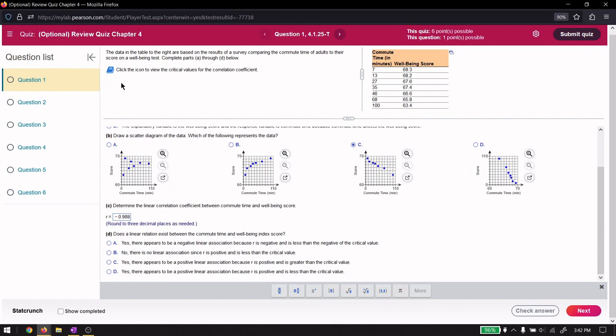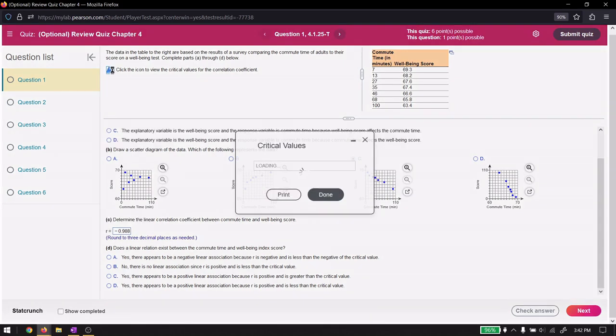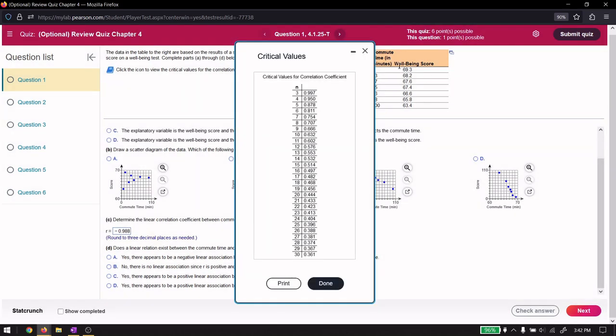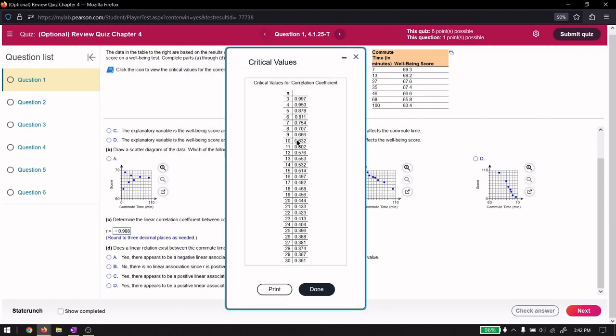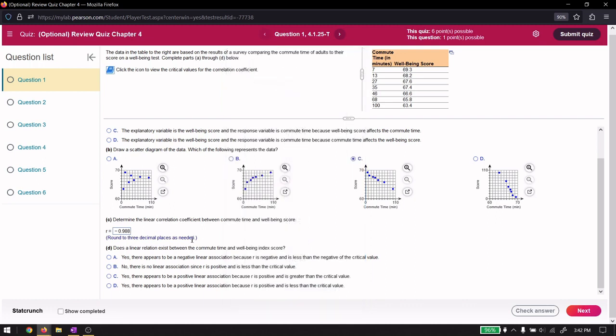And yes, there does appear to be a linear association, right? Looking at the critical coefficient table, no matter what you're looking at here, most of these values are much smaller than this. 0.98 is such a high correlation that it definitely seems there'd be a negative linear association.